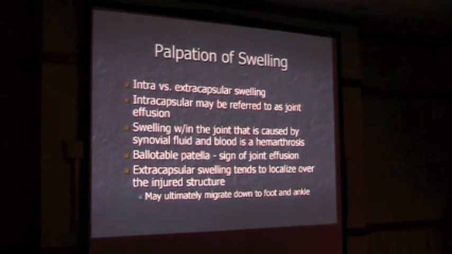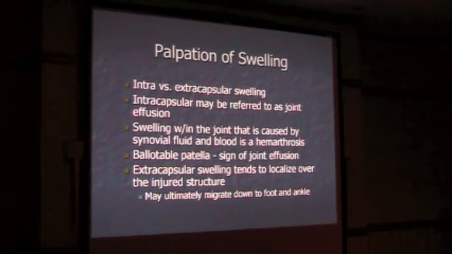If it is extracapsular, it can be over the injured structures such as the bursa itself, like a prepatellar bursitis. That's not going to be in the joint. We get a lot of calls in the emergency rooms telling us they've got a septic joint or infected joint. We walk in there and the patient just has a swollen prepatellar bursitis.